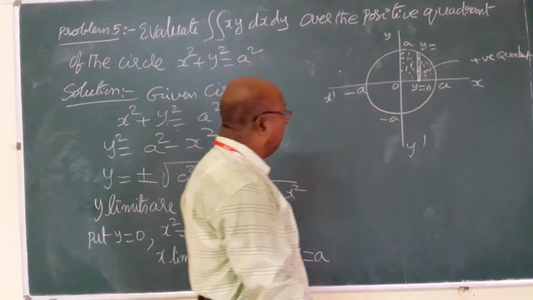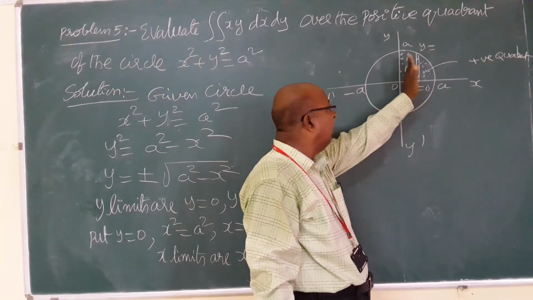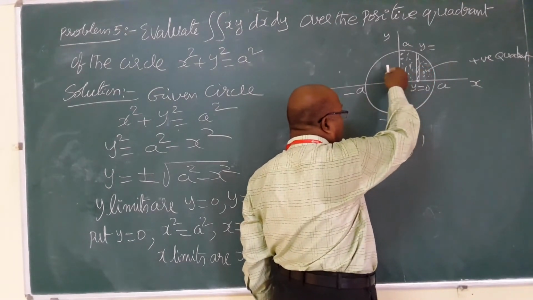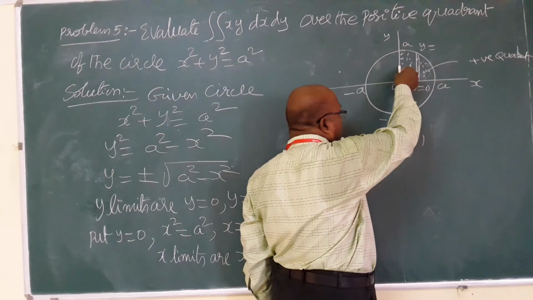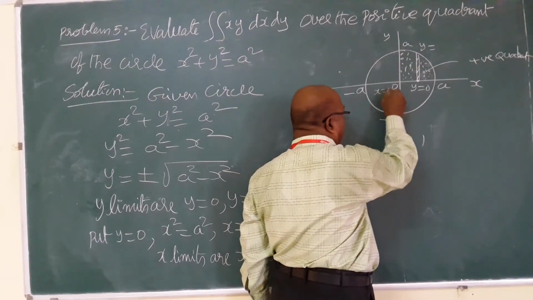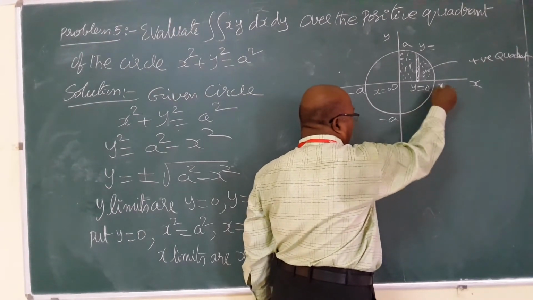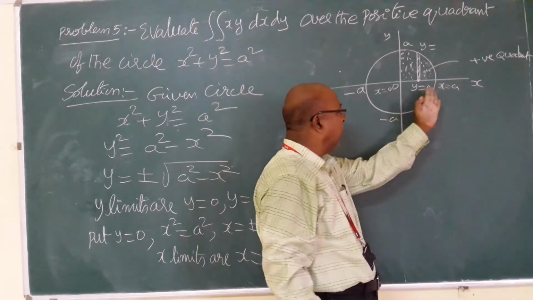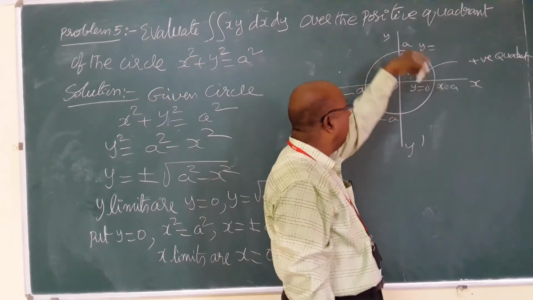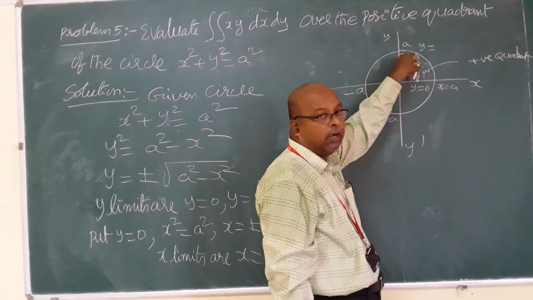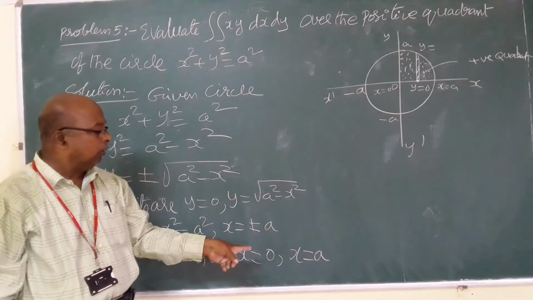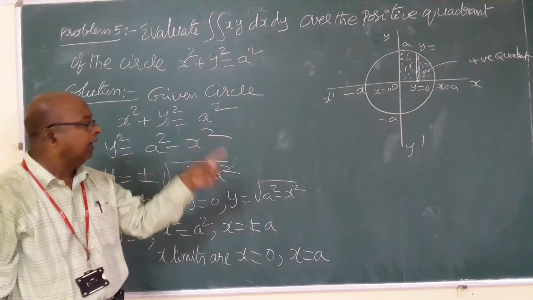Now, to cover the dotted region, we move this strip along the x axis from this to this one, that is x is equal to 0 to x is equal to a. Moving this strip like this, we get the complete positive quadrant region. So x limits are x is equal to 0, x is equal to a.